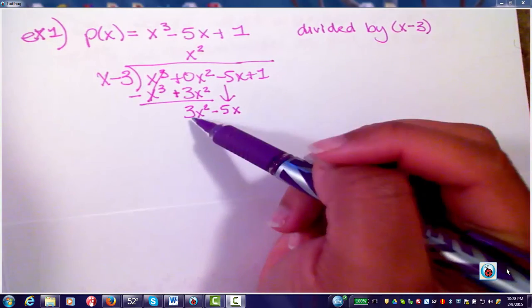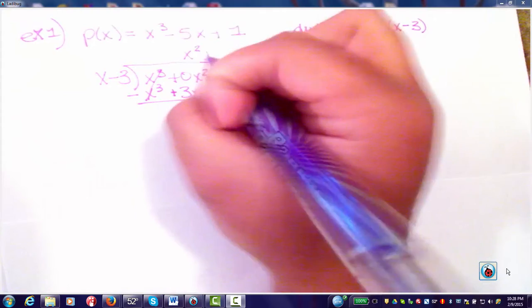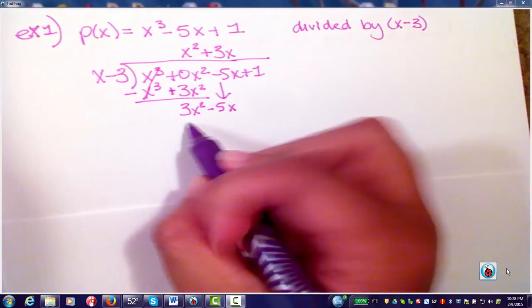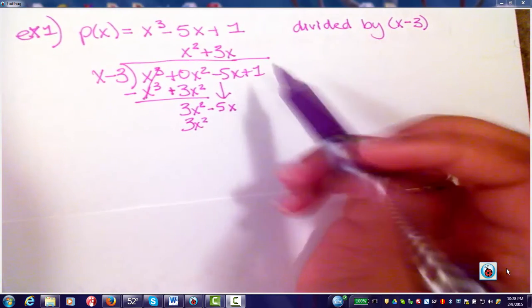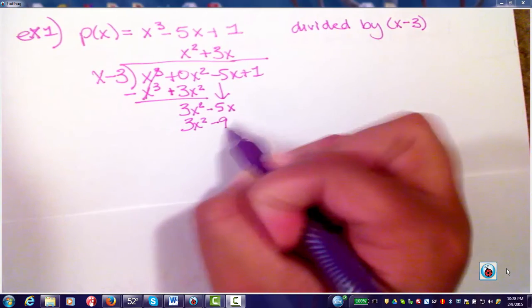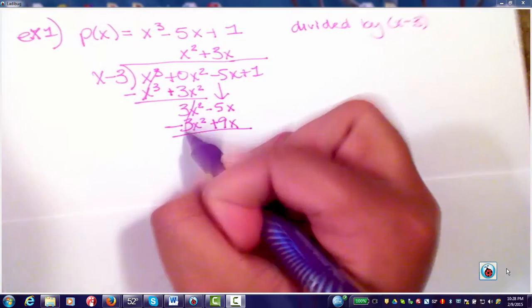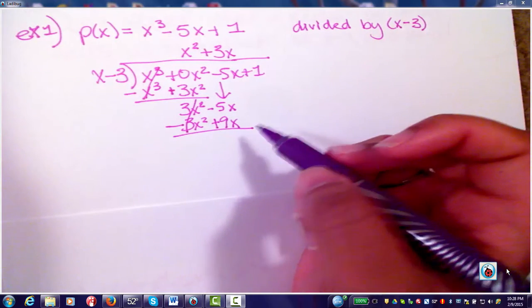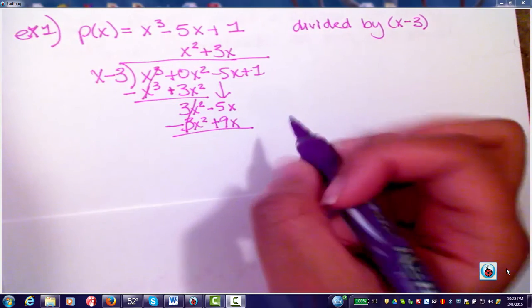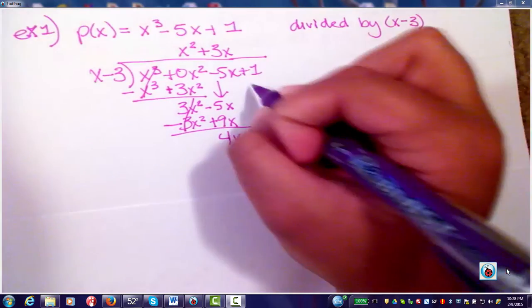Now 3x squared divided by x gives positive 3x. 3x times x gives us 3x squared. 3x times negative 3 gives us negative 9x. Then we draw our line, change both signs. These cancel, and positive 9x minus 5x gives us positive 4x. And then we bring down our 1.